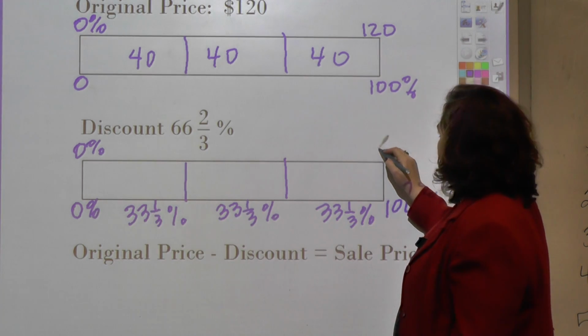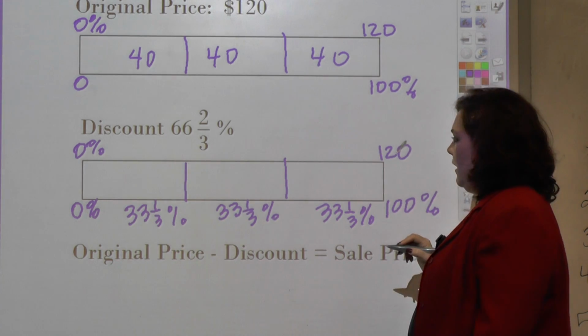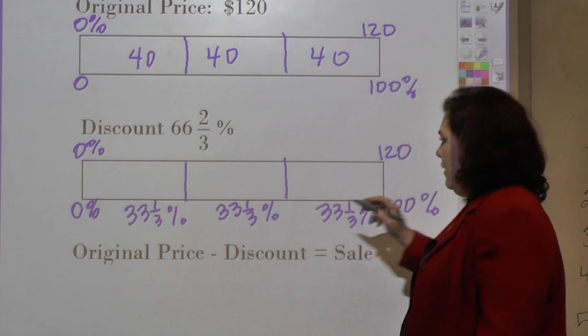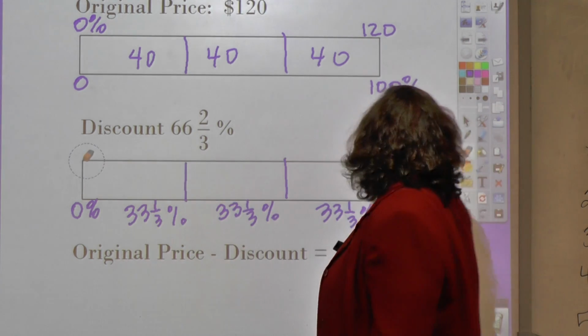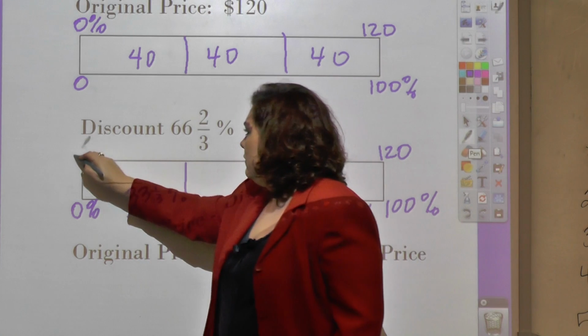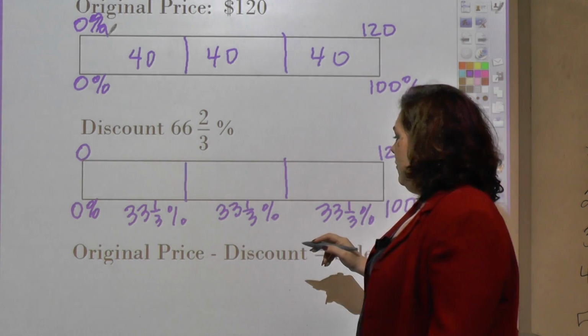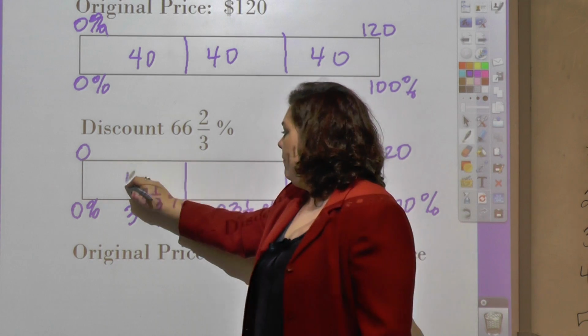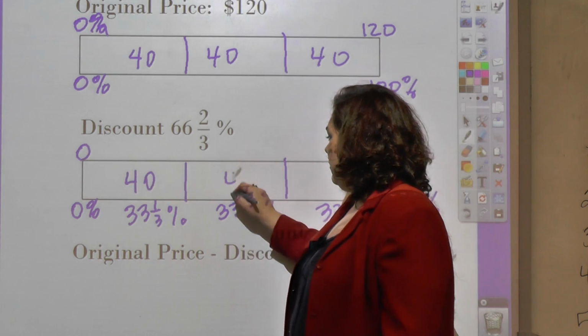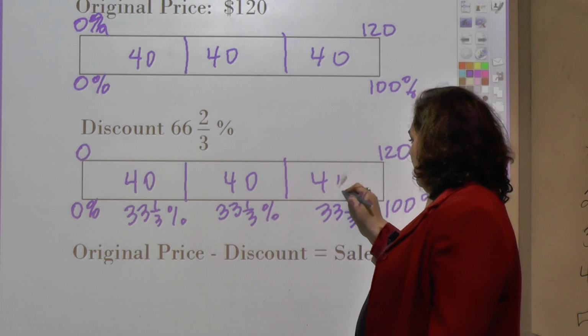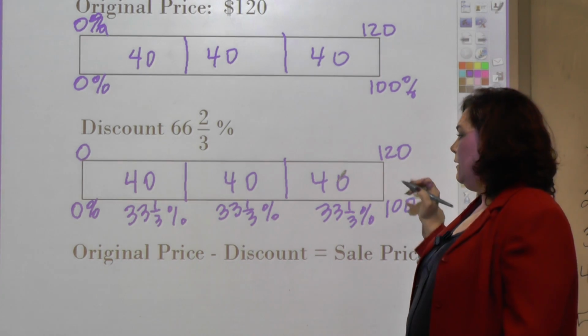And then this is $120, okay? So here we go, and this should be just 0. And this should be 0%, just 0. So here I have my 40 that's split into 3 parts. That makes up the total amount.